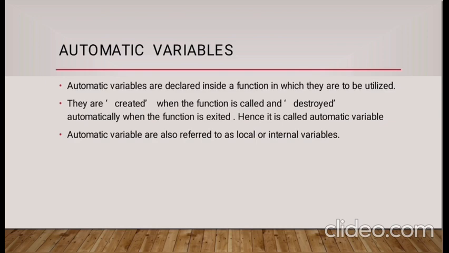So it is called automatic variable because it automatically gets destroyed when the function is exited. It is also called internal variable because it is declared inside a function in which they are to be utilized.